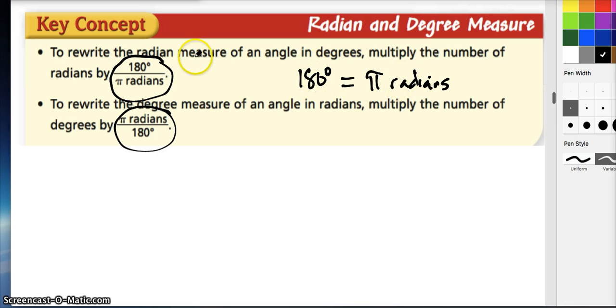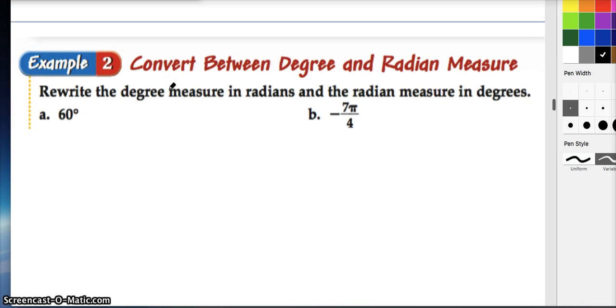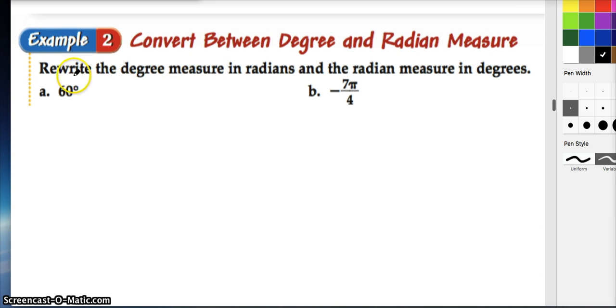If these two things are equal, then the same thing over the same thing is basically a number one. So I'm going to be changing the look of these degree measures or these angle measures, but I won't actually be changing their value. So let's go ahead and practice that in this example.